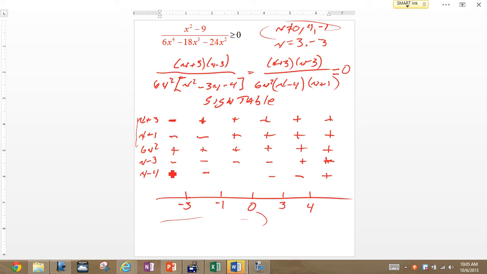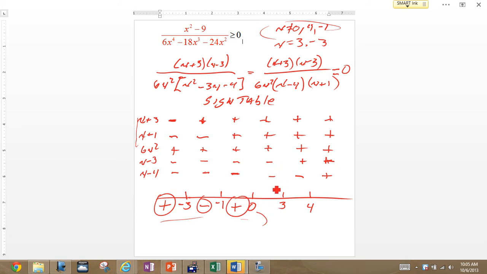The product and or quotient of 4 negatives is going to be positive, along with the positive. That's going to be a positive region right there. Here is 2 positives and 3 negatives, which is going to yield us a negative region. Looks like I forgot to put the negative down in there, so account for that. 1, 2 negatives is positive, along with the rest of those. That's going to be positive.